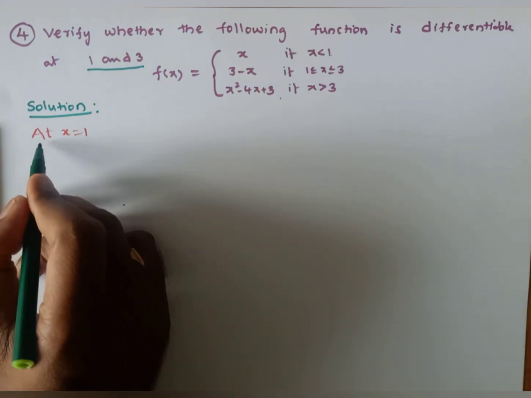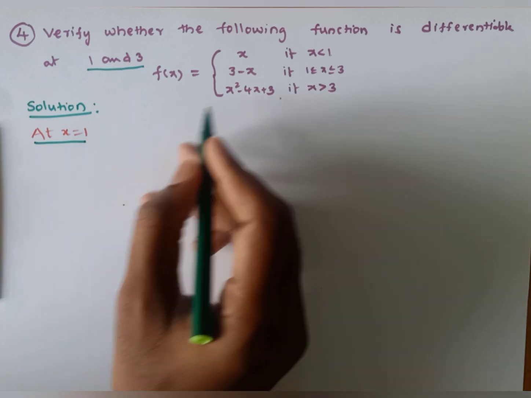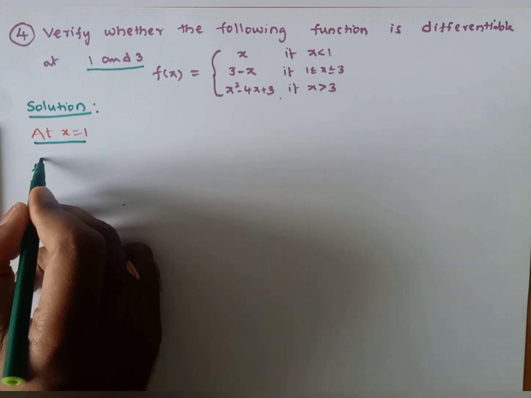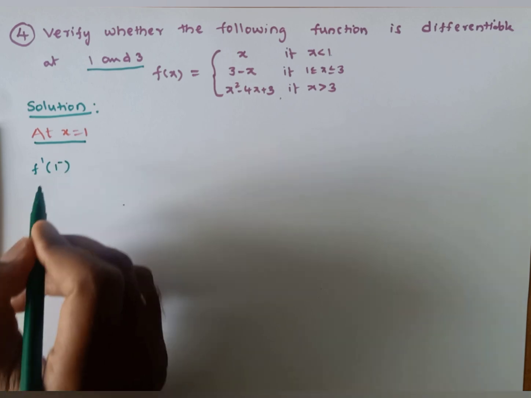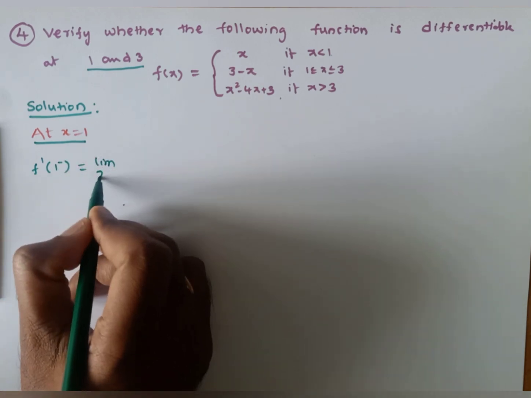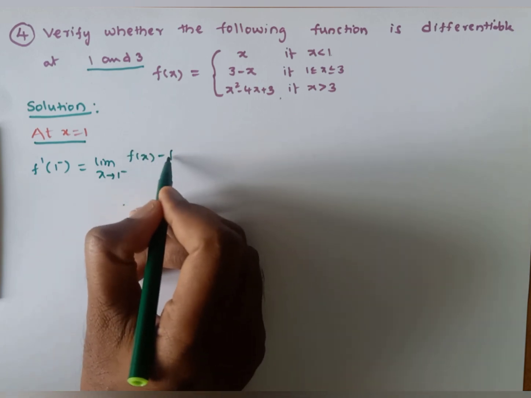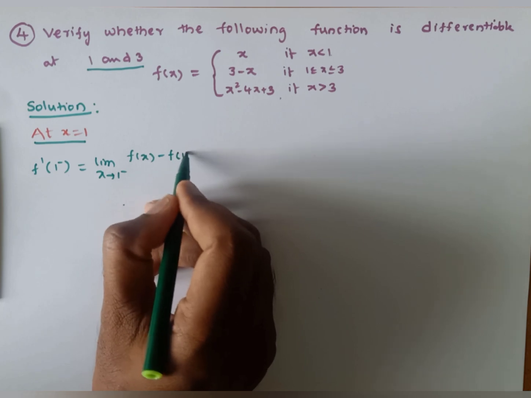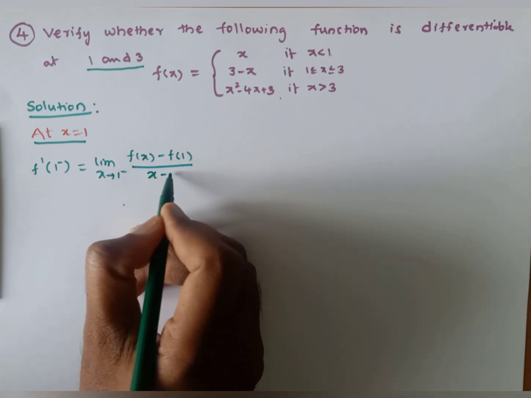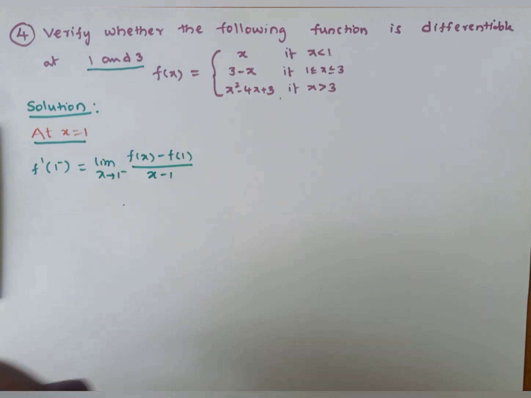So at x equals 1, you need to find the left hand derivative, that is f prime of 1 minus, which is equal to limit x tends to 1 minus of the alternative form, f of x minus f of a by x minus a. Now a equal to 1, therefore f of x minus f of 1 by x minus 1.